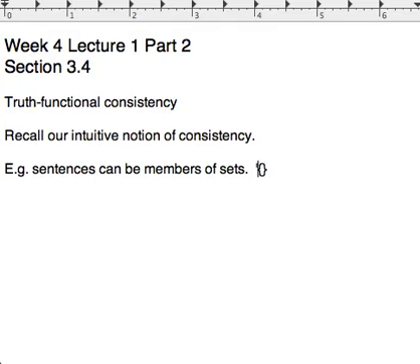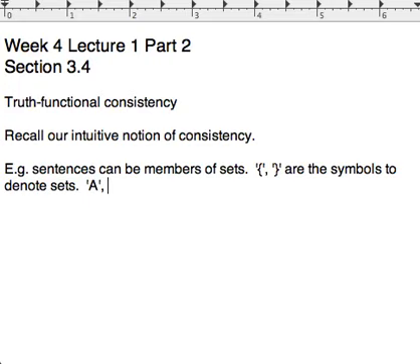If you remember our use-mention discussion, if we're just mentioning this symbol, we need to put it within quotes. So we say that this left brace and the right brace are the symbols to denote sets.